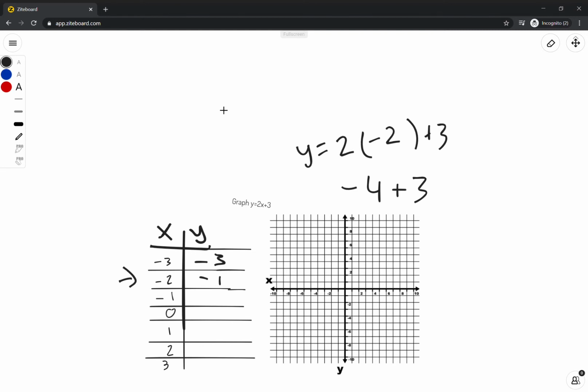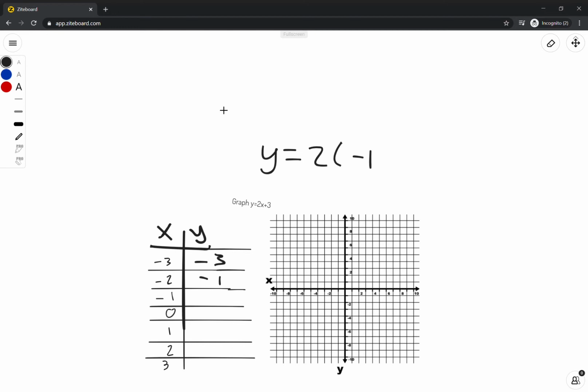Next, x equals -1. Let's plug it in. So y equals 2 times -1 plus 3, and we're going to get y equals -2 plus 3, or +1. Now let's do the same thing for x equals 0. So y equals 2 times 0 plus 3, so 0 plus 3, and we'll get 3. I didn't even have to simplify that one. Next, let's do x equals 1.